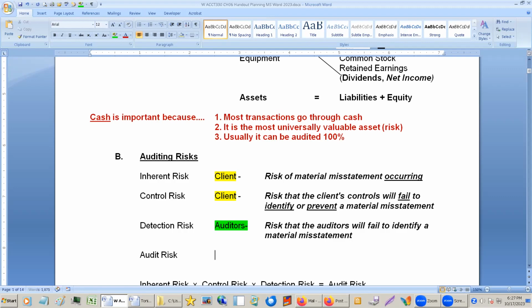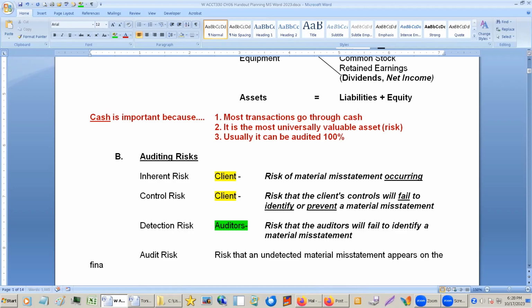So the audit risk is the risk that an undetected material misstatement appears on financial statements. Okay, so if everybody fails, that's the audit risk.